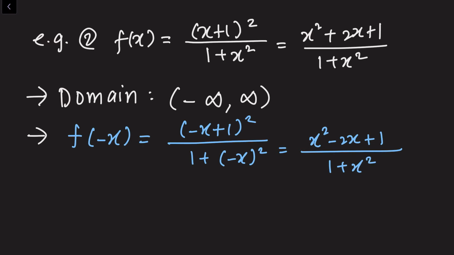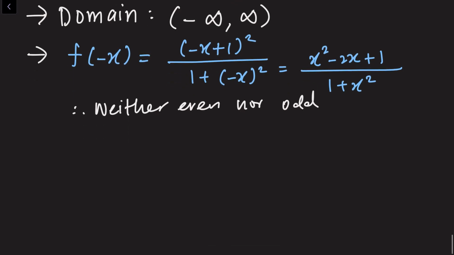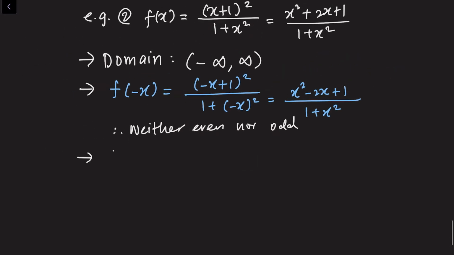So it is neither even nor odd. Neither even nor odd means it is not symmetrical about the origin, and it is also not symmetrical about the y-axis. Then we can proceed to differentiate it, and I think we will need the quotient rule.